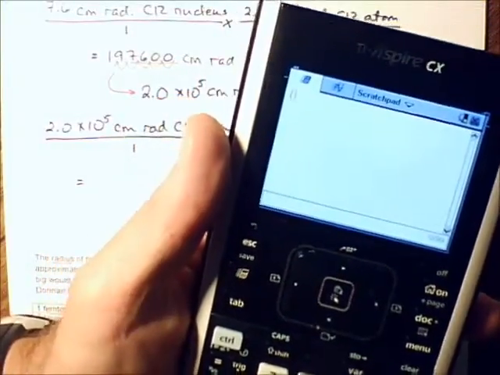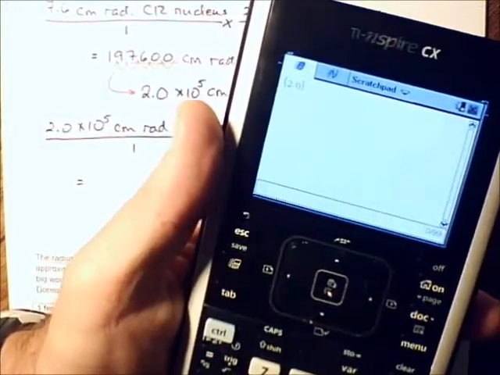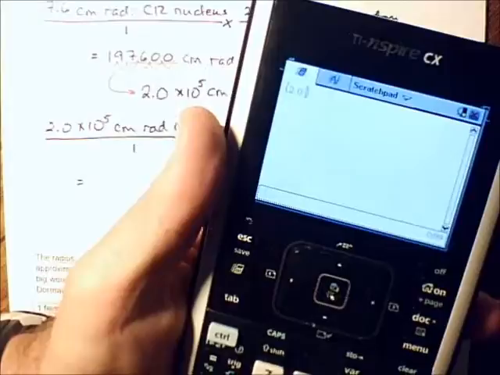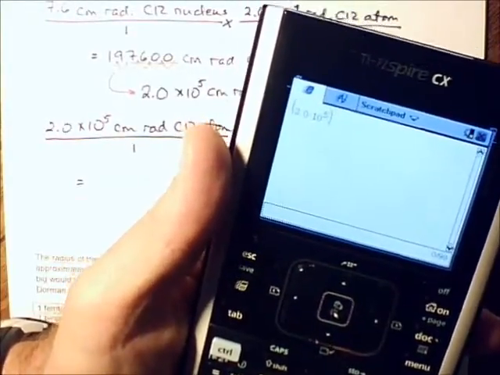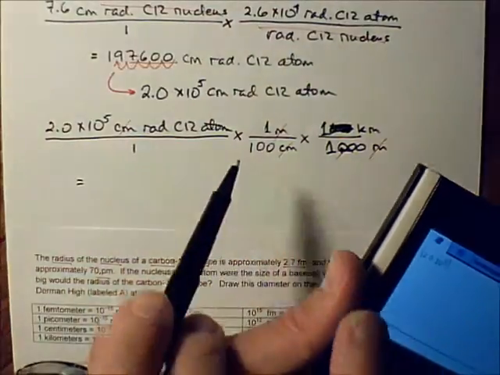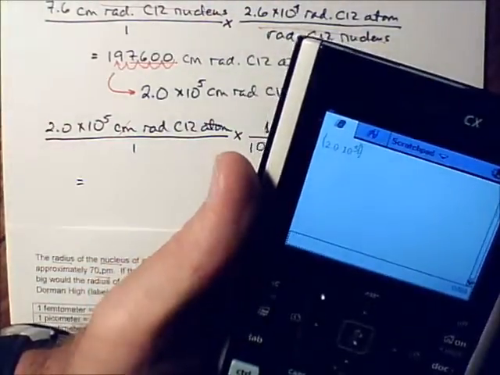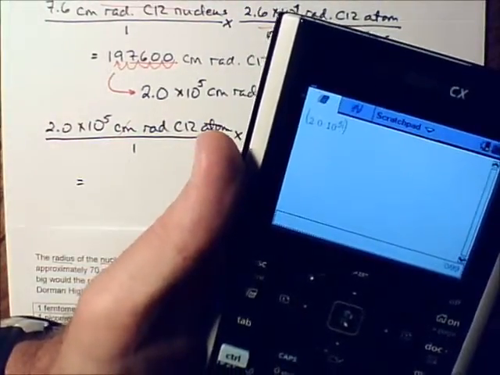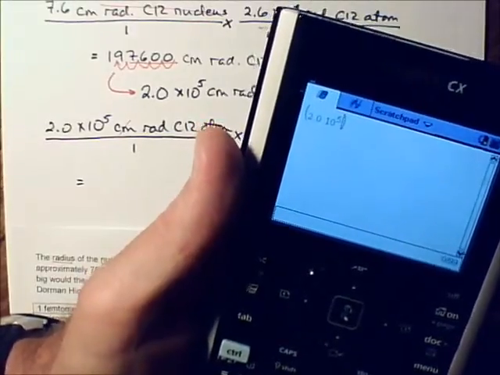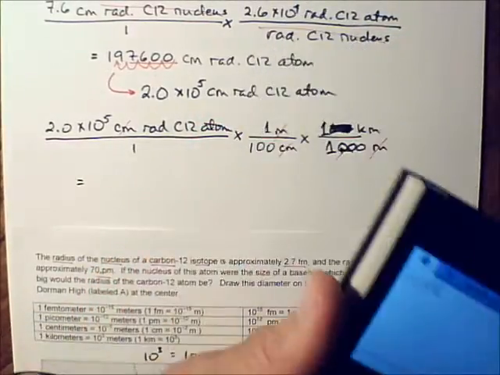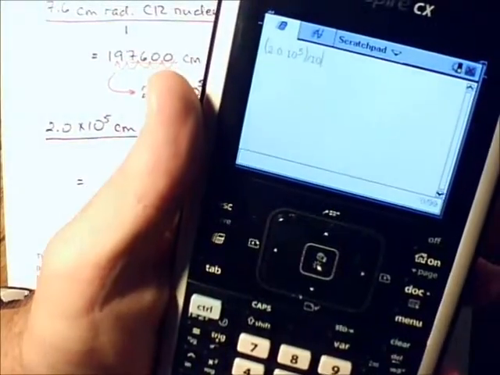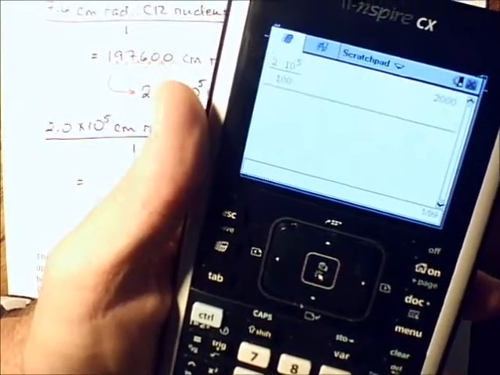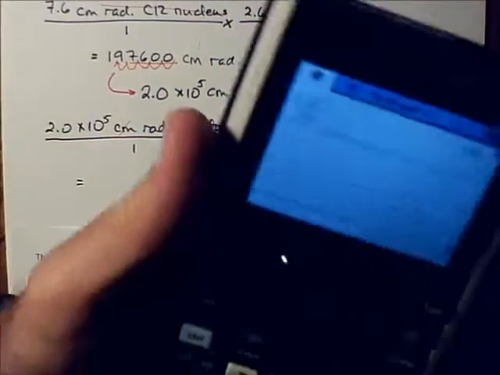I'm going to say 2.0 times 10 to the 5th power, in parentheses, to keep that separate from the next operation. Then we're going to divide by 100. And I'm going to hit enter before dividing by the 1,000.